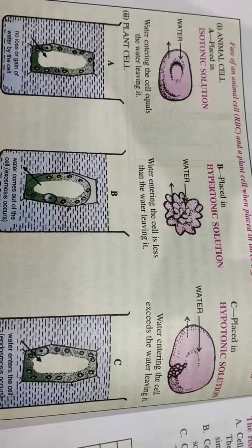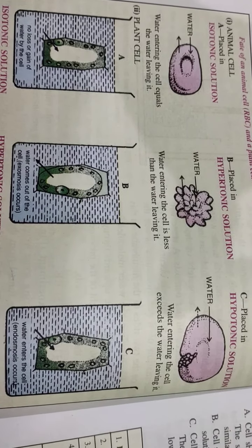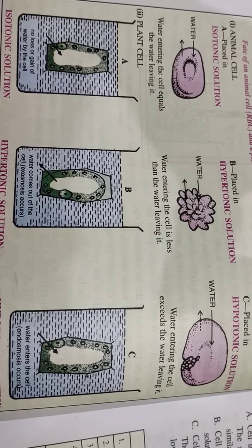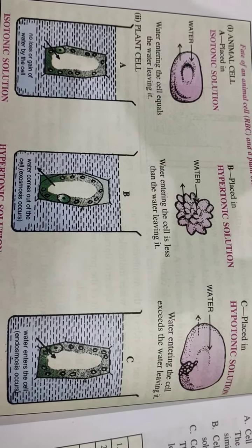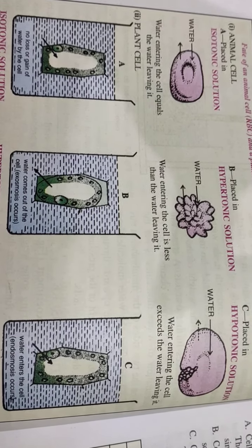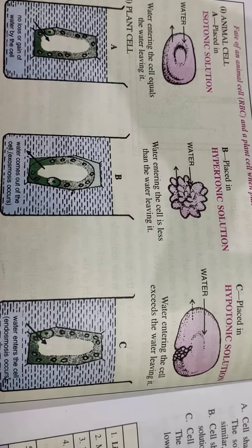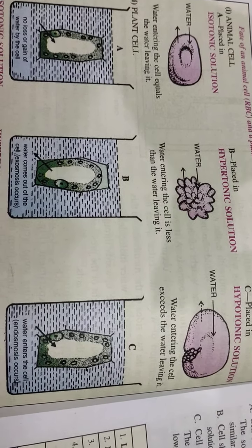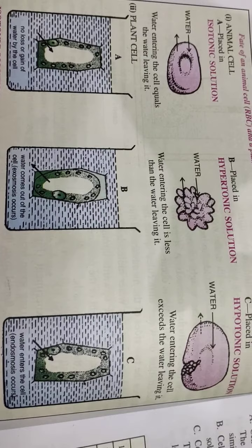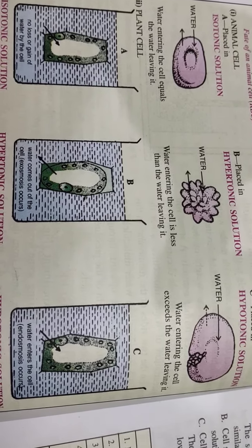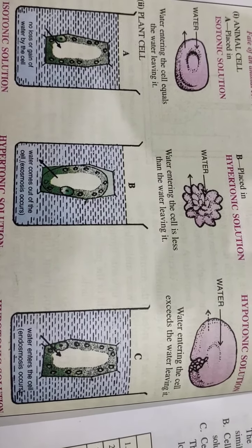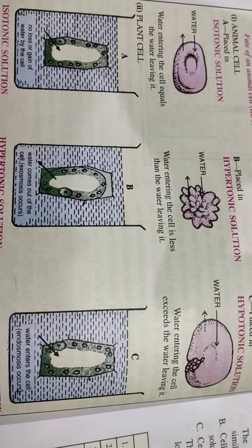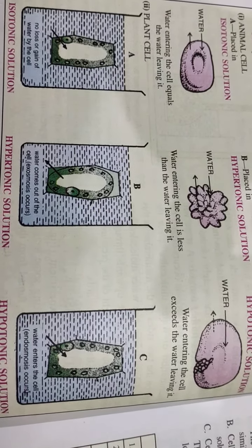Now students, you see this diagram. This diagram is there in your book also. Animal cell and plant cell. They have shown what is happening in isotonic solution, what is happening in hypertonic solution, and what is happening in hypotonic solution. So these three are very, very important, and maybe you are given the diagrams and you have to answer the questions.